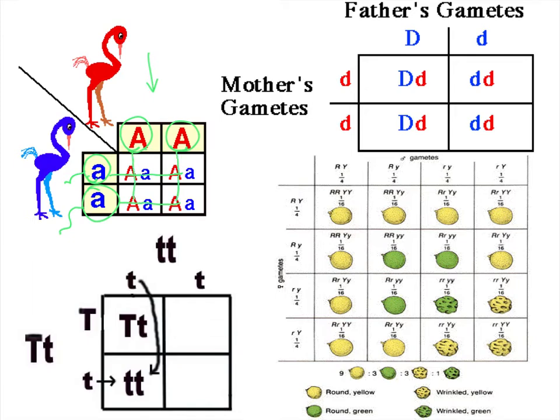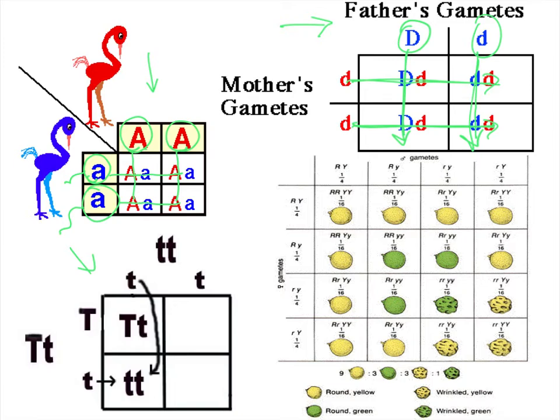And then if you look over here at this Punnett square, they did the same thing, color coding red for the mom and blue for the dad. And you can see that this big D here is brought down, and this little d is brought down, and this is brought over. So this letter comes down, this letter comes down, this one comes over, over. Okay, same thing here. They just didn't color code it.